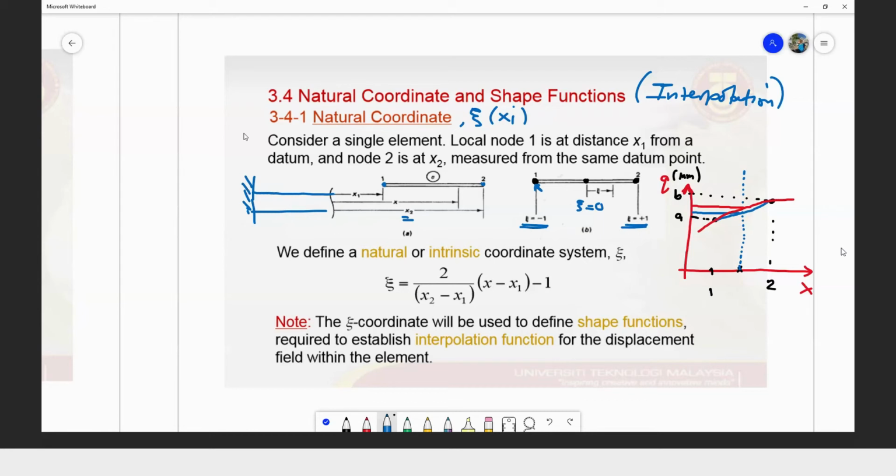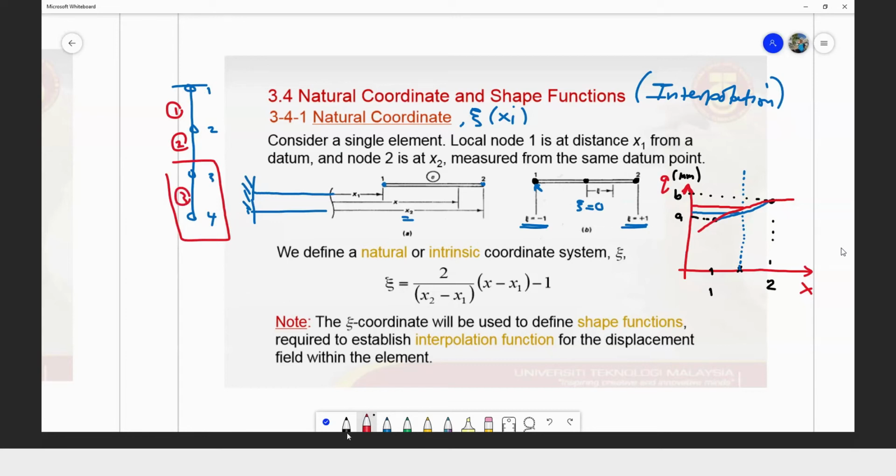Let's say saya ambil kita ada structure tadi kan. Kita ada structure, ada banyak elemen. Kalau kita ni node 1, 2, 3, 4. Kalau saya ambil yang ni pun elemen number 1, 2, 3 kan. Okay, elemen number 3.